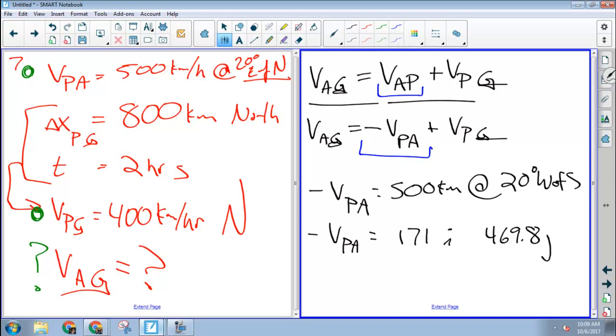Should either of those be negative? Both of them should be negative. How can I figure that out without even drawing the triangle? West and south, right? So what I just wrote here is this thing, right?